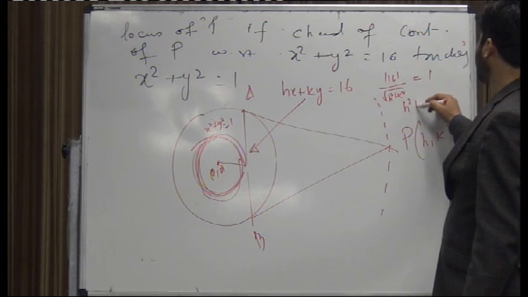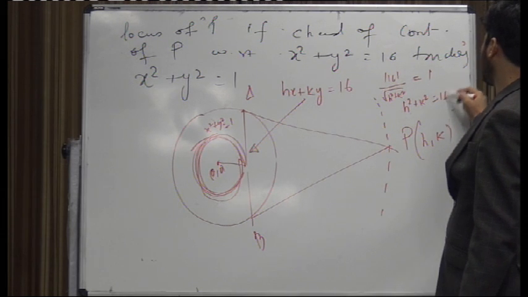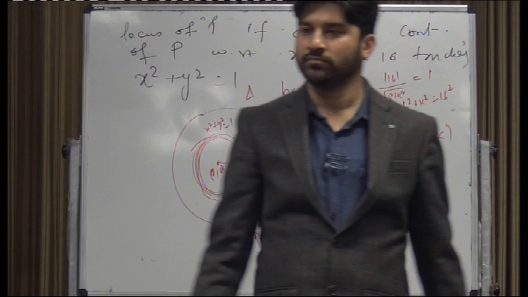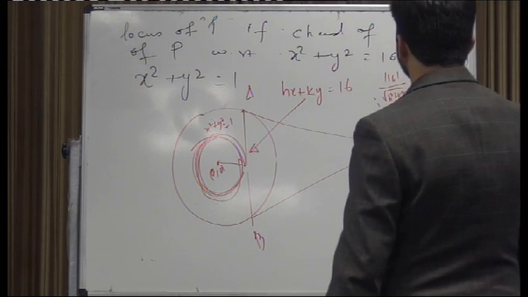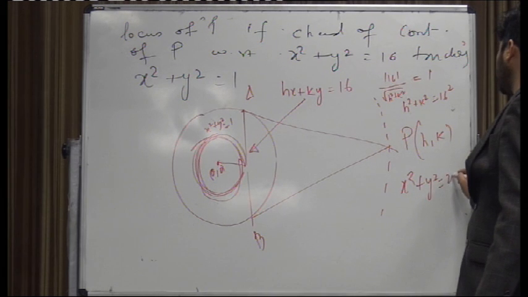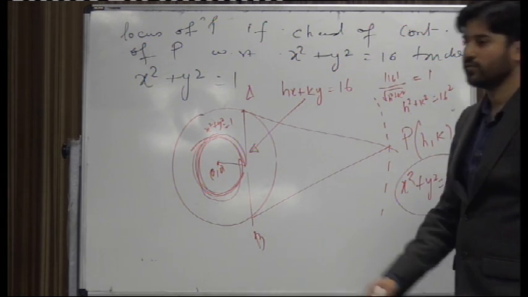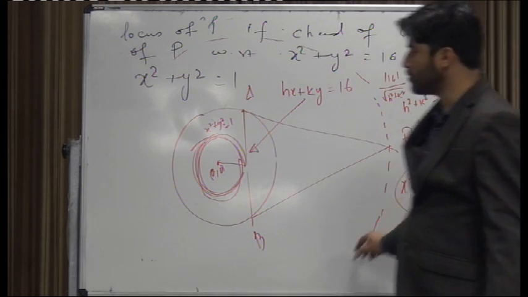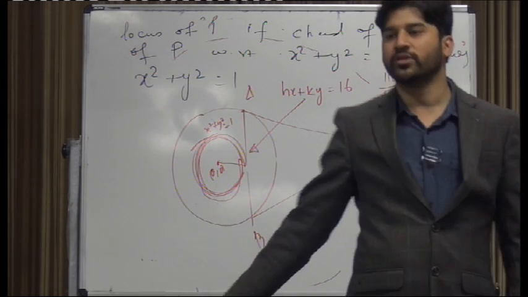So h square plus k square would be equal to 16 square. So what is the equation? x square plus y square is equal to 256. So it would also be a circle. The locus of P would also be concentric to these two circles.